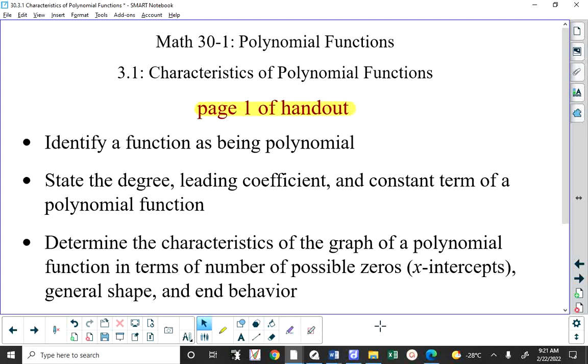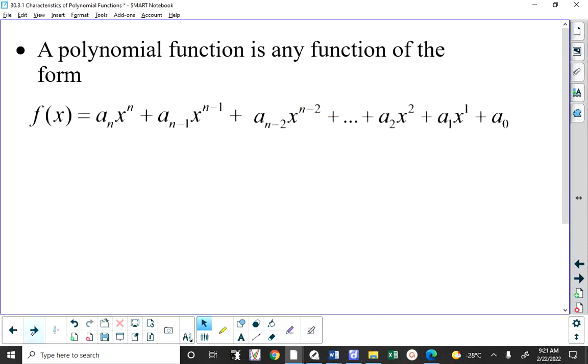We're not going to be at the stage today where you can graph a perfect picture of a polynomial function. But you will be able to at least tell me something about the x-intercepts, the general shape, and what's called the end behavior.